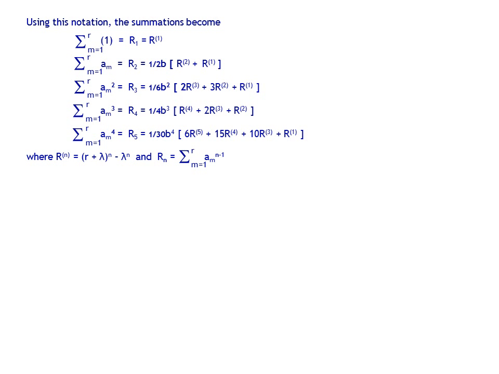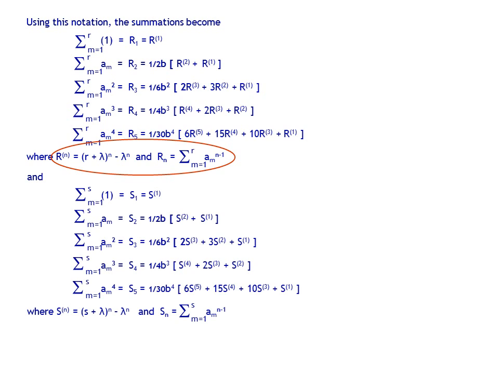Using the notation defined in the previous slide, we can write the summations from 1 to r of powers of a_m as shown below, where big R bracket n is defined to be equal to (small r plus lambda) all to the power n minus lambda to the power n, and where big R subscript n is equal to the sum from 1 to r of a_m to the power n minus 1.